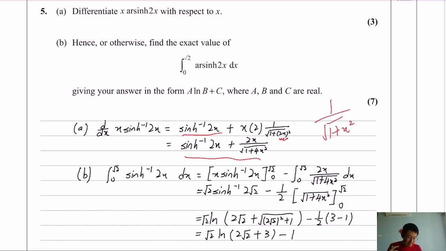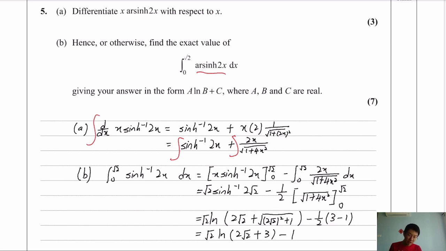So the next thing they ask us to do is, hence or otherwise, find the exact value of this integral. They say hence, so we are encouraged to use the previous result. Because they ask us to integrate arcsine 2x, which we already have in the previous part, basically what we do is integrate all terms here.